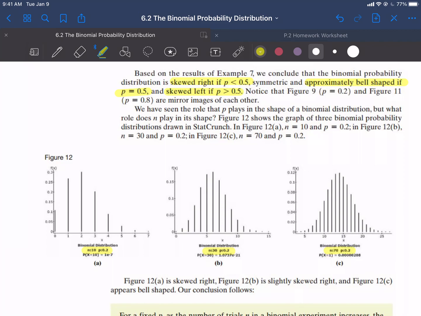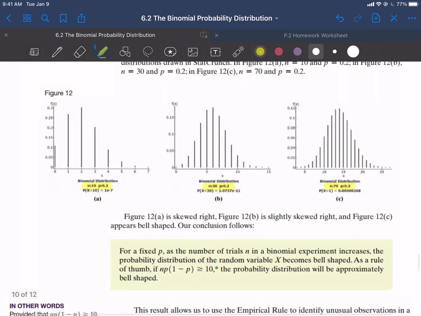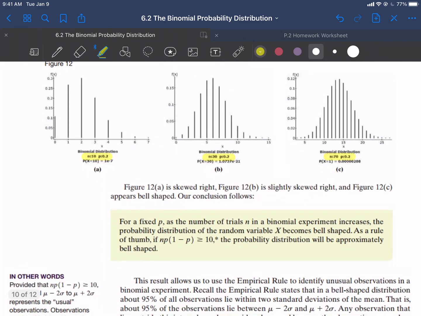Even though the probability is 0.2 for all of them, you should be able to see that the more trials there are, the closer we get to a symmetric or bell-shaped probability distribution. For a fixed p, as the number of trials n in a binomial experiment increases, the probability distribution of the random variable X becomes bell-shaped.